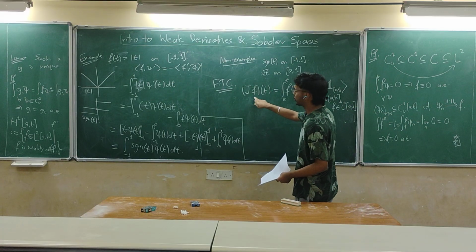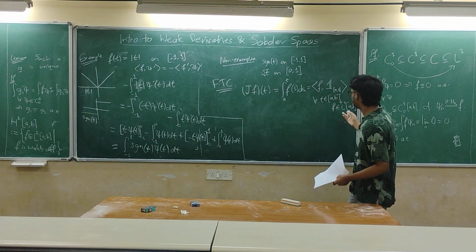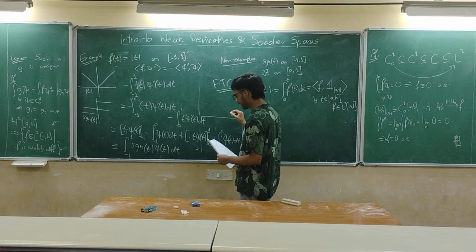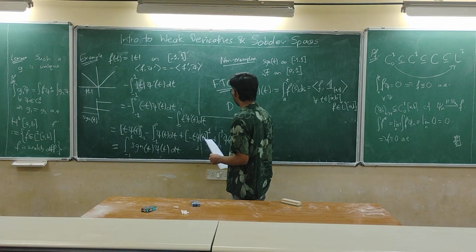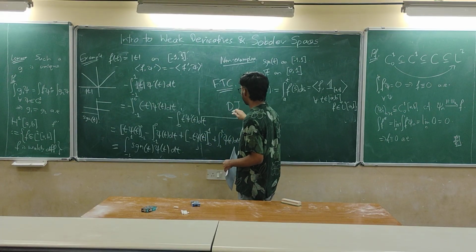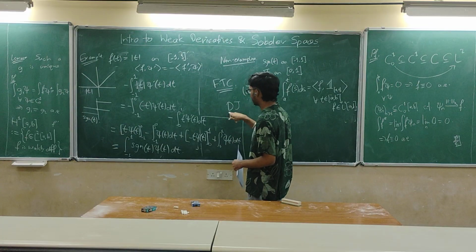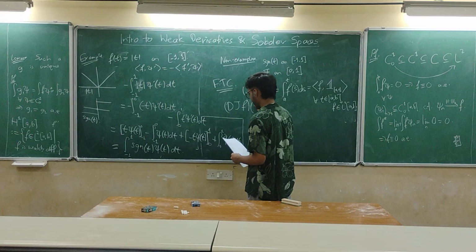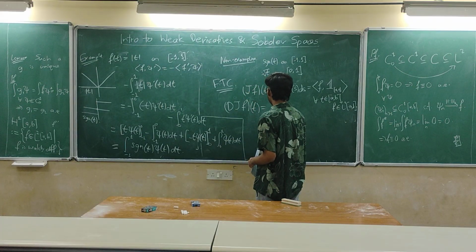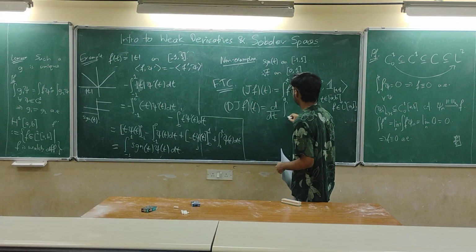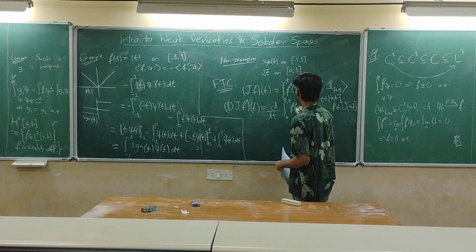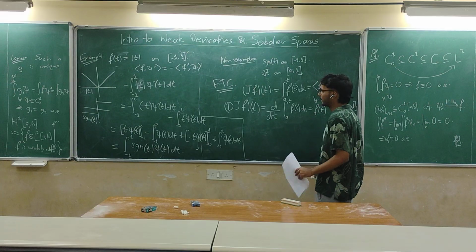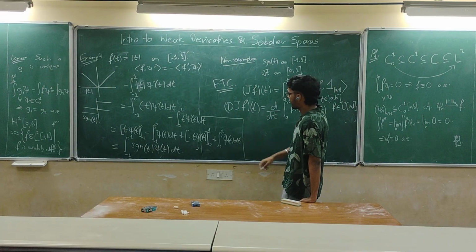This function Jf was also continuous. It maps square integrable functions to continuous functions. We also had the differentiation operator D, which was a left inverse of J. What I mean by that is D(Jf)(t) was d/dt of the integral from a to t of f(s) ds, and this was exactly equal to f(t) by the fundamental theorem of calculus. So J is a right inverse to D.